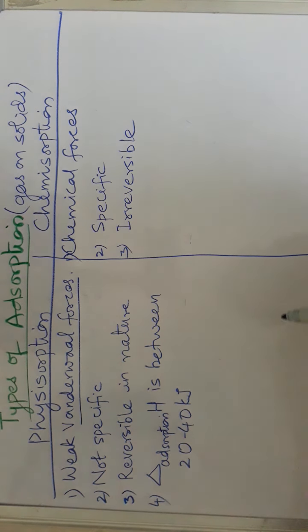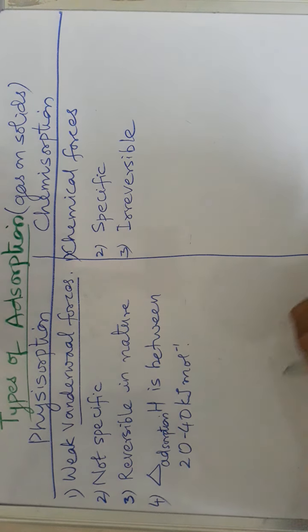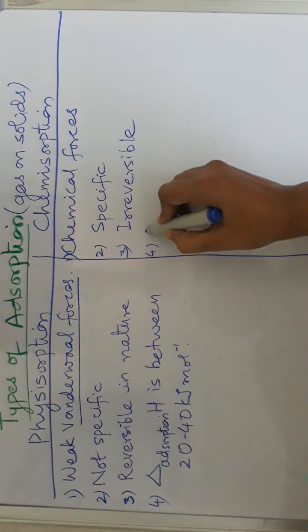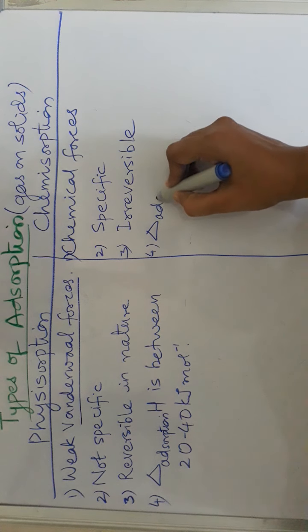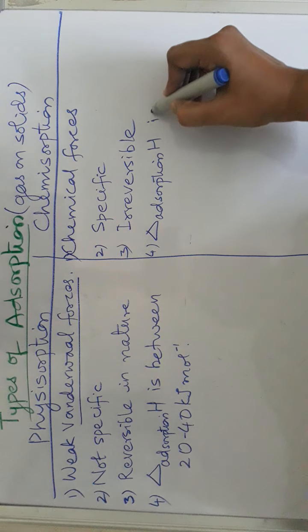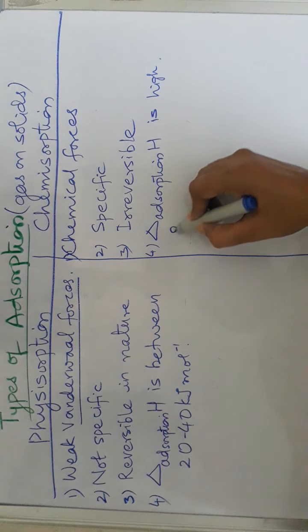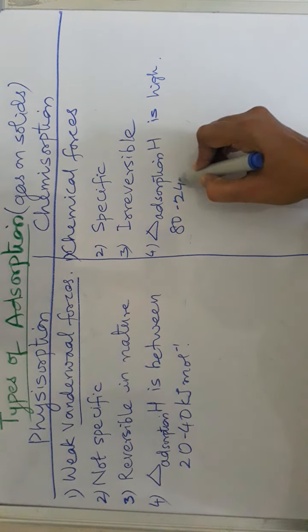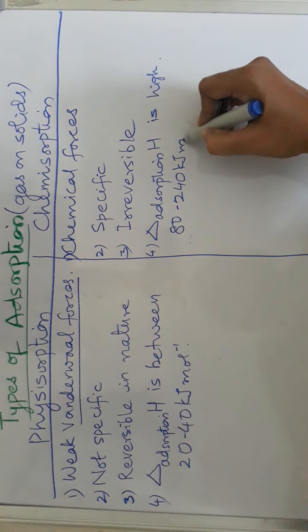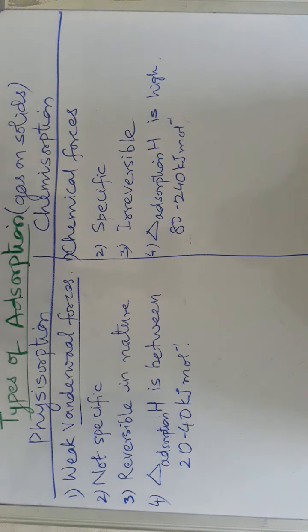So the amount of heat released is too small compared to the amount of heat released in chemisorption. In chemisorption, the enthalpy of adsorption, that is heat released during adsorption, is high and is between 80 to 240 kilojoule per mole. So it is too large compared to the heat change taking place in physisorption.